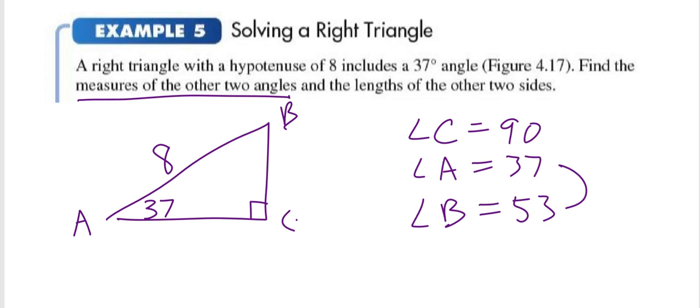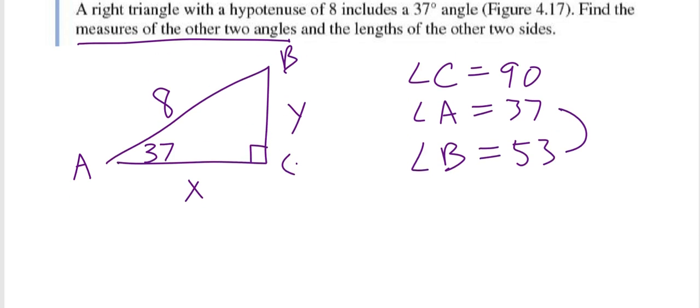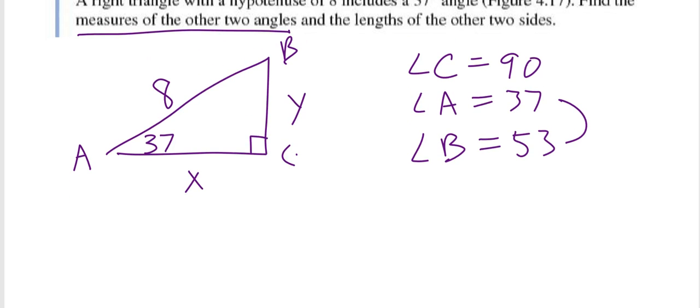And now it says find the lengths. We'll call this one y and this one x. How do we find x? I mean, not that you would really want to find your x because you probably wanted to part ways with them a long time ago. But let's find x. Which trig function are you going to use?